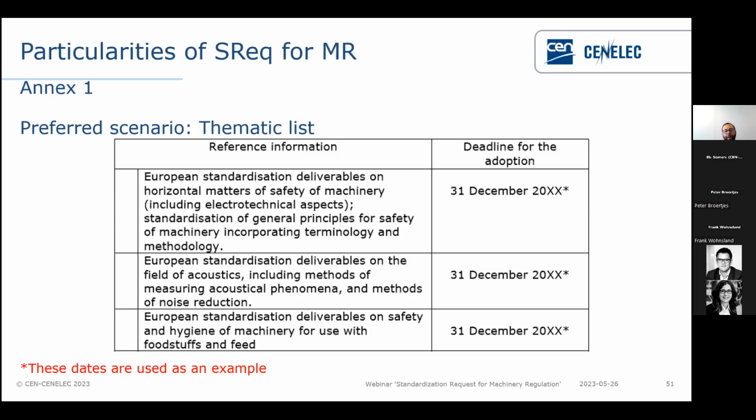Okay, so for example, this first line, I gathered the 2 TCs here: CENELEC TC44X and CEN TC114. Both TCs deal with horizontal matters, subjects of machinery safety, but one is on the electrotechnological aspect, and the other is more terminology, methodology, and safety principles.